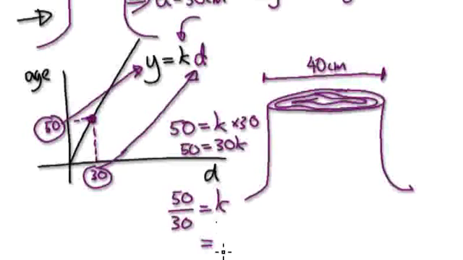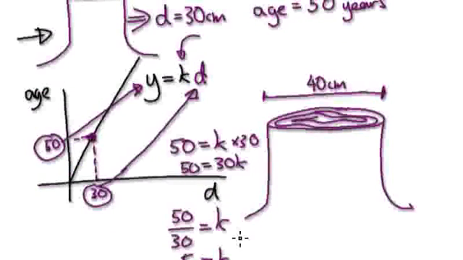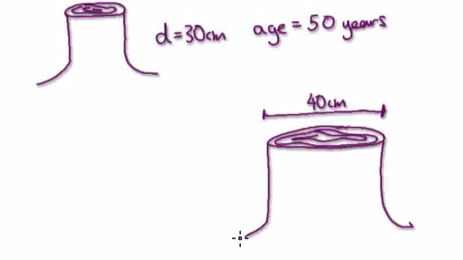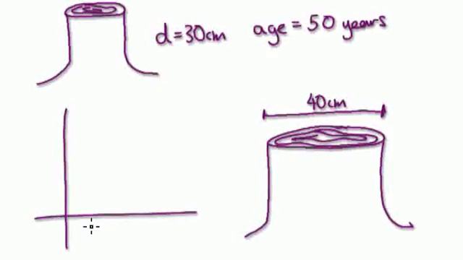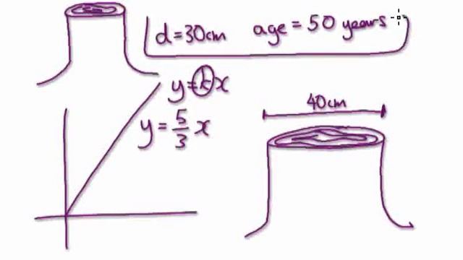Then divide top and bottom by 10, so it's going to be 5 over 3. So now we know k. So this equation is y equals 5 over 3 x. Earlier we knew it was y equals kx, and then we worked out k by using this.